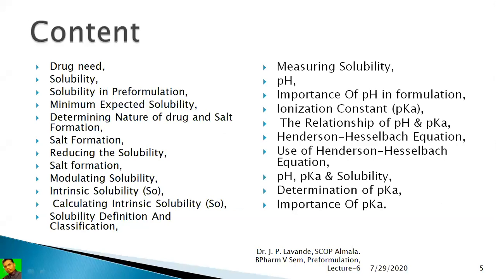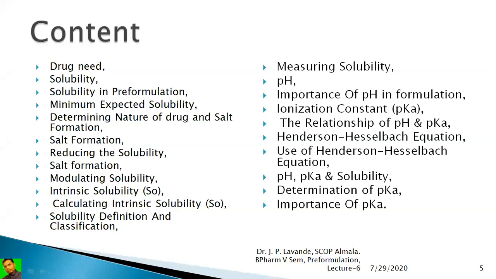Then we studied polymorphism, solvates, hydrates, and the classification of polymorphism, that is enantiotropes and monotropes. Then we went through solvates, hydrates, the different classes of solvates, that is class 1, class 2, class 3, the different examples of hydrates, and the details associated with polymorphism.